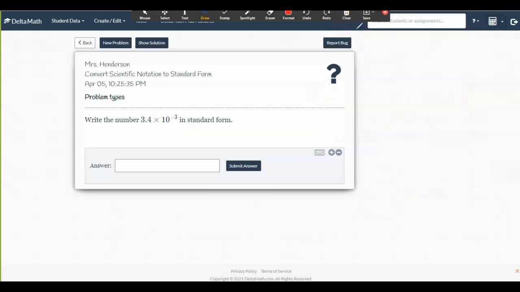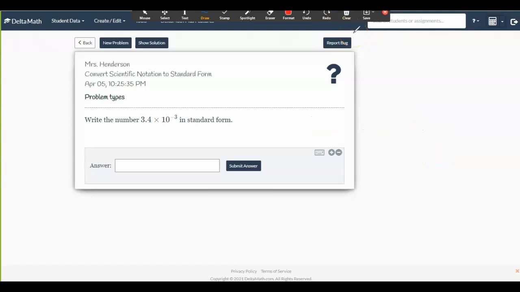So if we think about this, 3.4 times 1 over 1,000, it's kind of like I'm dividing by 1,000. 3.4 times 1 is still 3.4, but dividing by 1,000 means I'm going to get really small. I'm taking 3.4 and dividing it into 1,000 different pieces. That's a really tiny number.